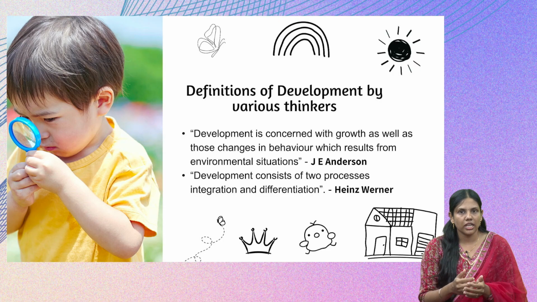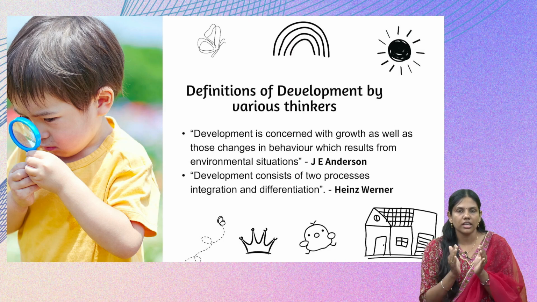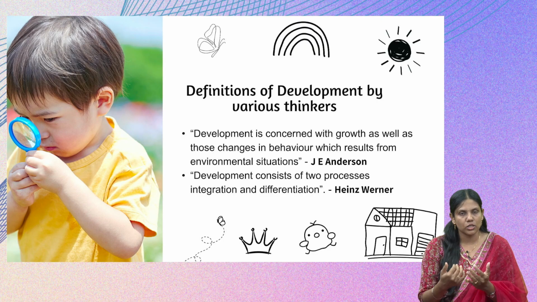Now when it comes to integration, the child has to integrate various other things and form a concept. For example, in language development, that is speaking and writing, the child first has to get the vocabulary, then learn the language structure and grammar. These are all specific skills, that is differentiation.